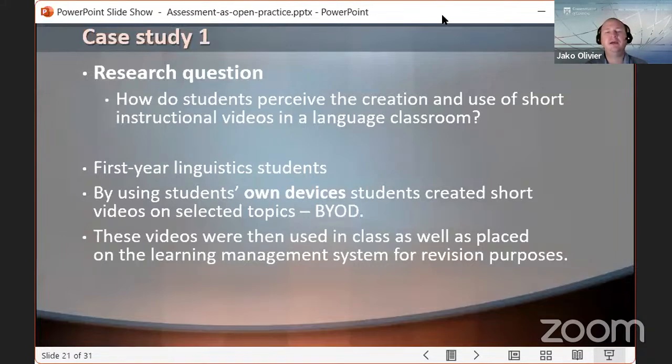And I encouraged them to do it in groups, but they had the choice to do it individually or in groups. So in essence, what they did, each of the students took a term or a phrase from a list of all the key terms from this subject, and they had to create a short video or animation.